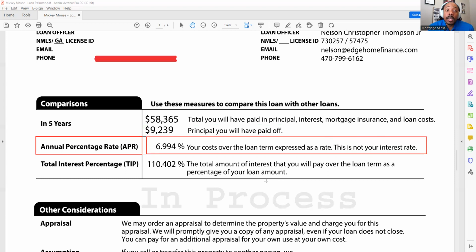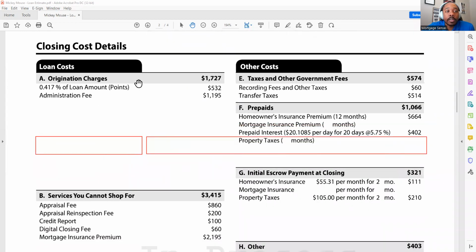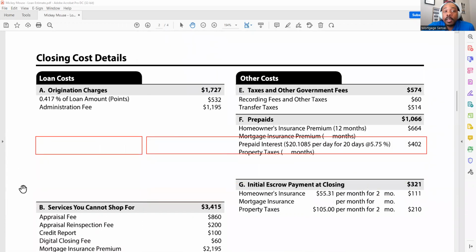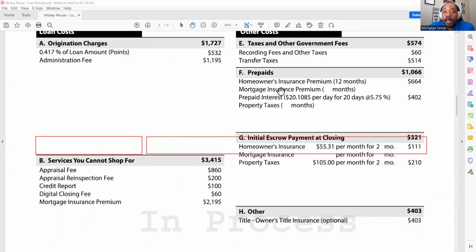Now, when you're looking at that, it's taking the cost, so the upfront mortgage insurance premium, or more specifically, let me scroll up. Let me show you more specifically. All right. So if we scroll up here, the red's still there. So anything that shows in box A, and certain things that show in box B, and then over here in box F, just the prepaid interest, okay?